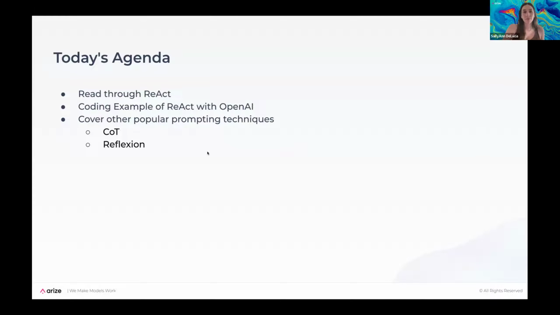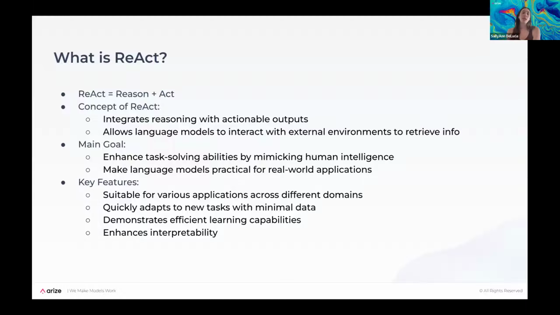So what is ReAct? The title comes from the idea that the researchers were really trying to mimic the way that human intelligence works. Any time a human is given a problem or is trying to learn something, they reason through it and then they take an action. This is what they were trying to bring to LLMs. ReAct comes from having a reason component of the prompt and then an act component of the prompt.